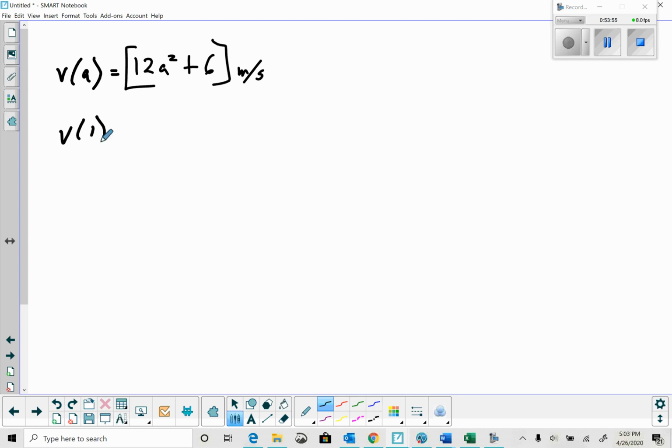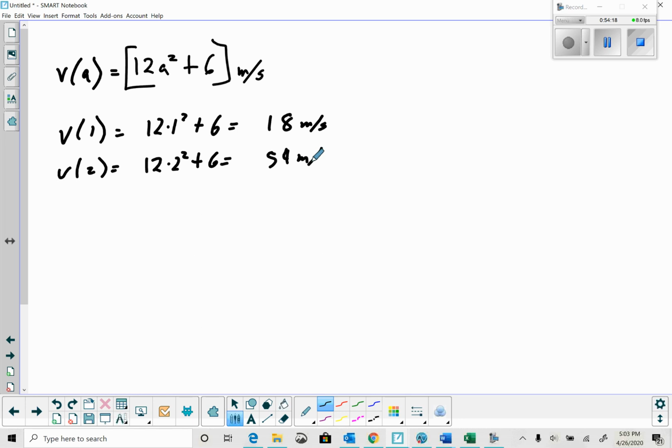Now the next part of it there asked you to find velocity at 1 second. 12 times 1 squared plus 6, that'll be 18 meters per second. Velocity after 2 seconds of measuring it. 12 times 2 squared plus 6. So that'll give us 54 meters per second. Yes, that's a 4. Deal with it.